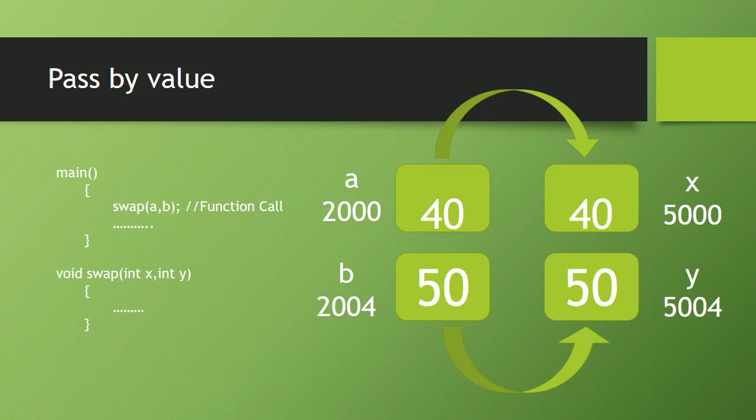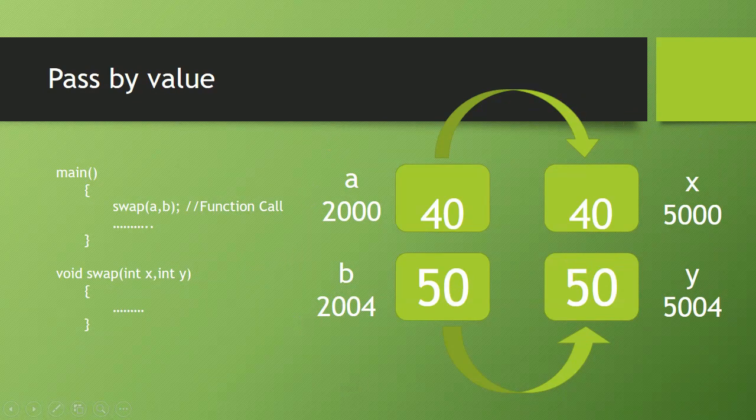In the function call, the arguments that are written are called actual arguments, and the arguments that are written in the function definition are called formal arguments. Whenever we use the pass by value method, we send the value of our variable from the calling function to the called function.